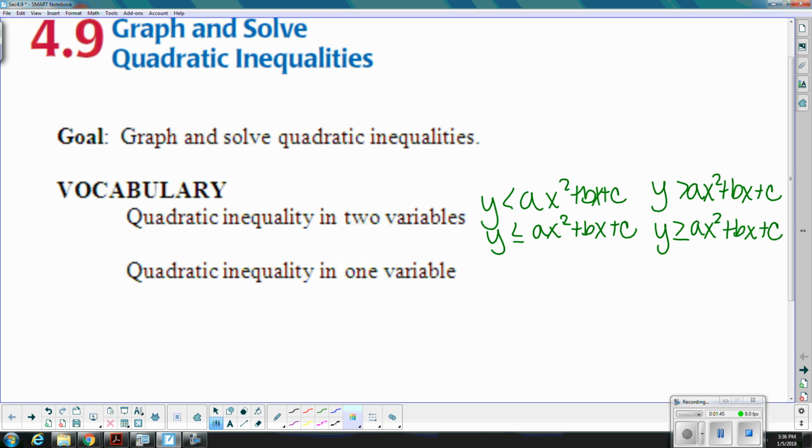And then our quadratic inequality with one variable: ax squared plus bx plus c is less than 0, ax squared plus bx plus c is less than or equal to 0, or greater than 0, or greater than or equal to 0.